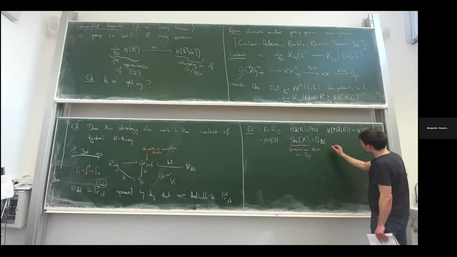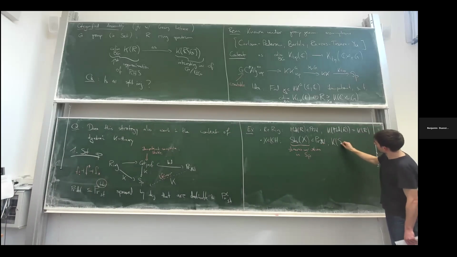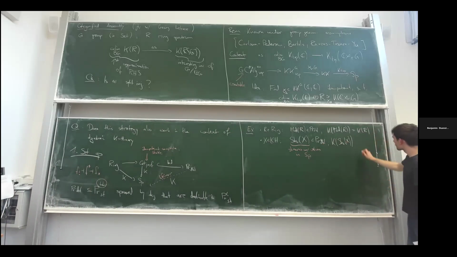This is dualizable, and furthermore, one can even compute its K-theory. Namely, a result of Efimov is that the K-theory of this sheaf category is just the same thing as compactly supported homology of X with coefficients in the K-theory of the sphere.